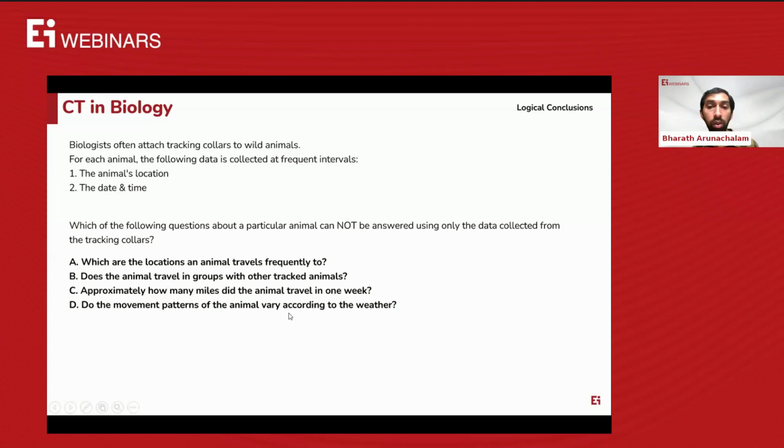And hence we are looking at weather patterns in option D, which cannot be figured out. But we can actually figure out if they have gone in groups with other tracked animals, because we have the location of all these animals anyway. So option B is possible. This question can be answered with this data if it is collected. But for option D, we cannot figure out if weather actually has an effect on the movement patterns, because we are not collecting that particular data.